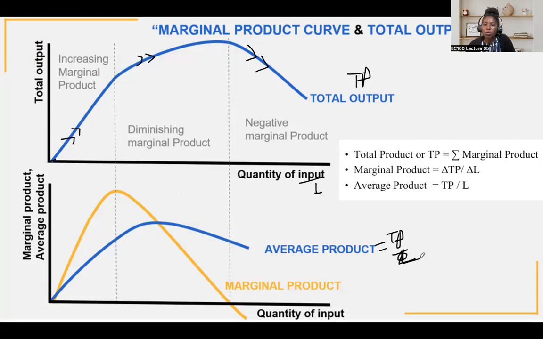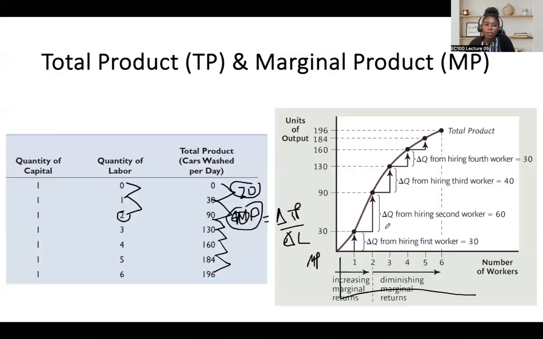So if you have 3 laborers here, this is an example. At this point, you had 3 laborers. They were producing how much? 130. So if you want to know on average how much each laborer produces, you divide total product by labor. You get 130 over 3. That is what each one is producing.